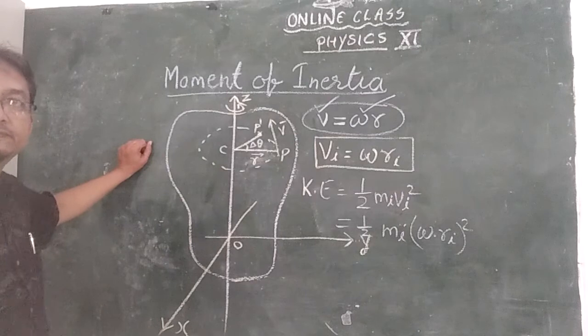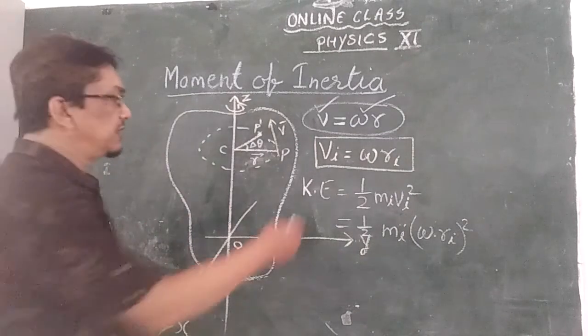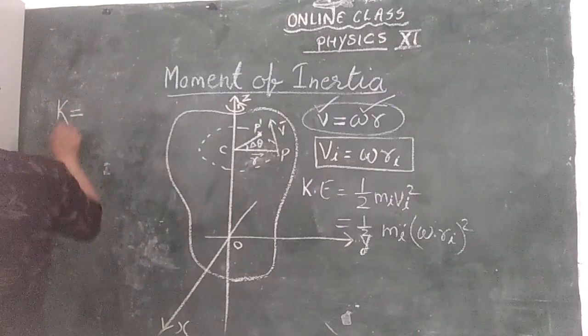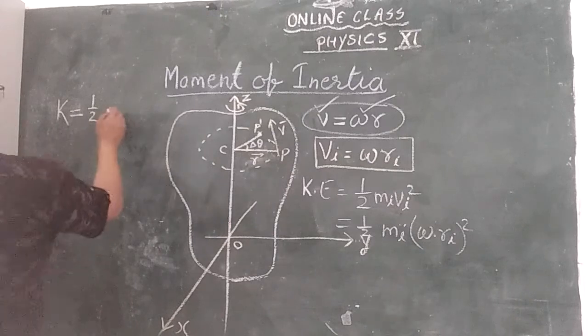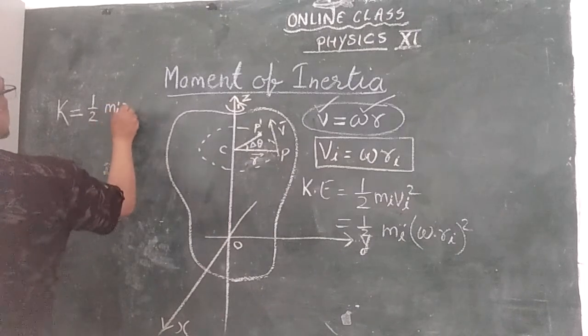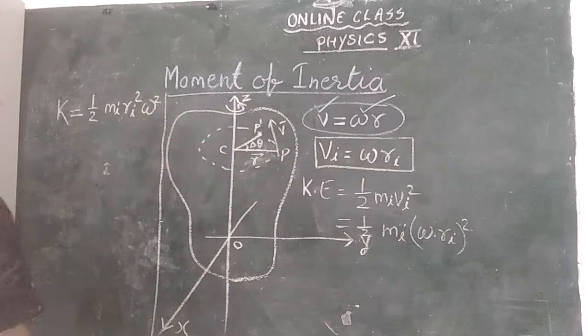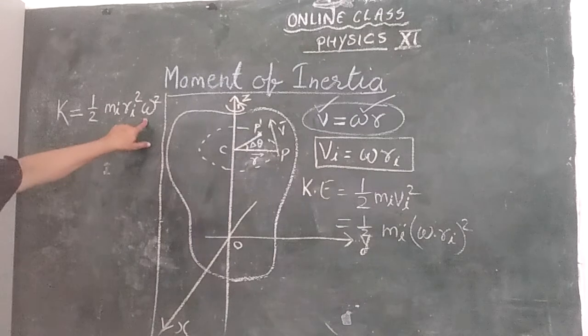Clear? So now the next term will come there. After squaring, this is equal to half mi ri square and omega square. Half mi ri square into omega square.